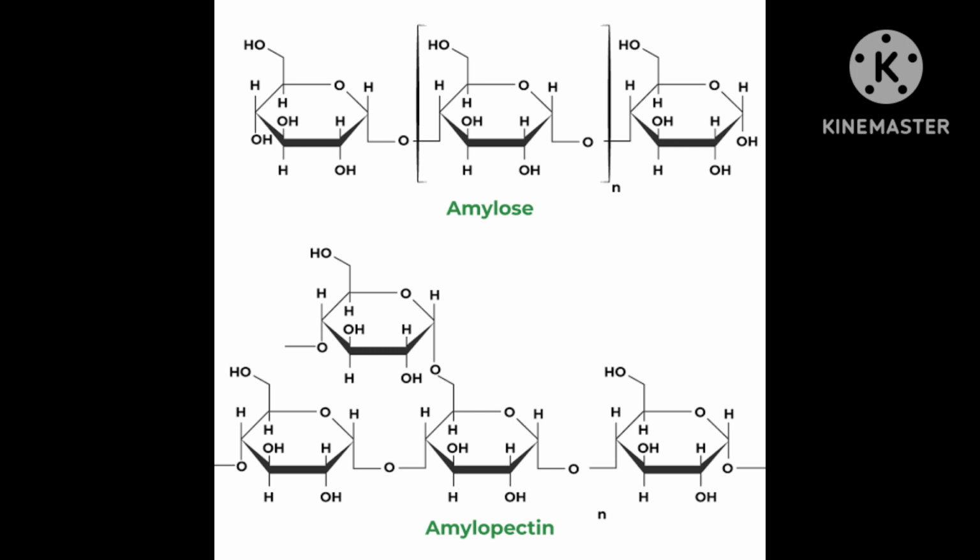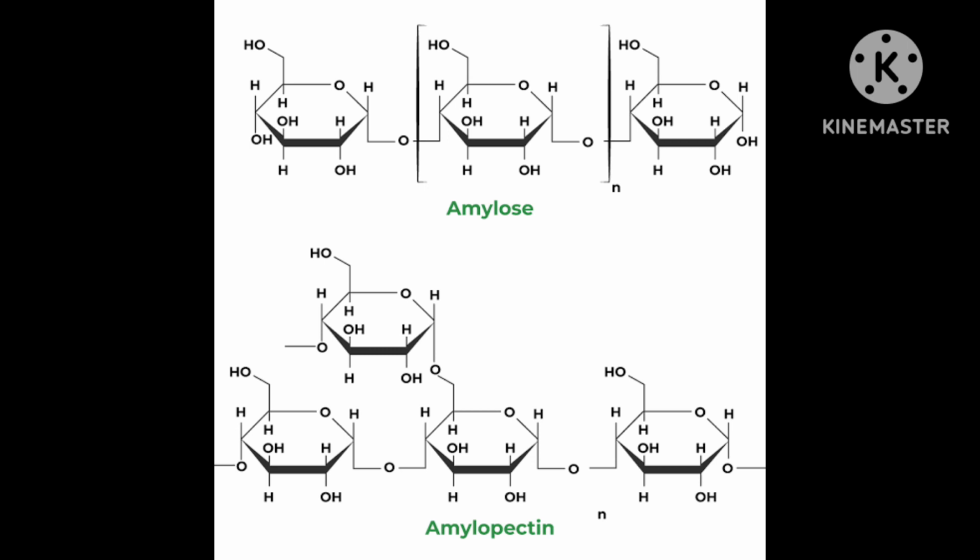Correct? Question is asked. Amylopectin has 80 to 85% of starch, but amylose how much? 15 to 20%. Now I am telling only about amylopectin.